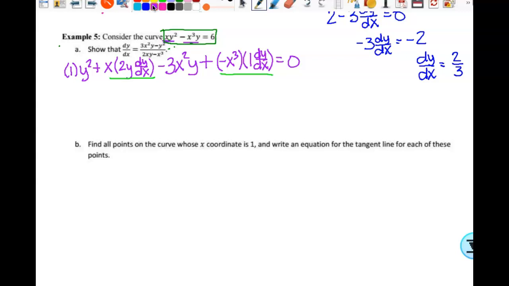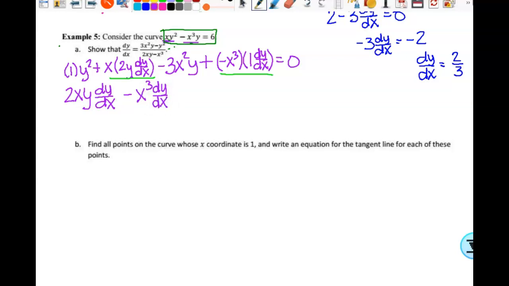So these stay here, and I don't really need these parentheses here, so I'm going to get rid of those. I'm going to say this is 2xy dy dx. And then this one stays also, so I can say that's minus x cubed dy dx.